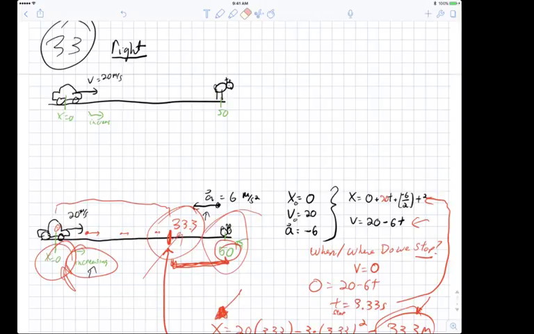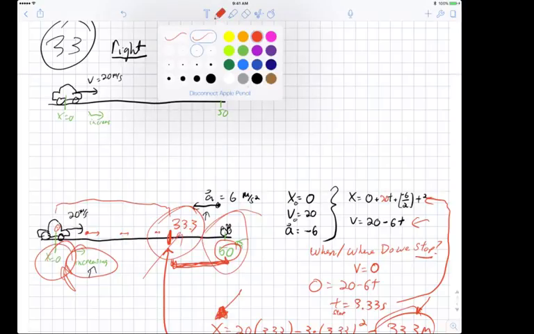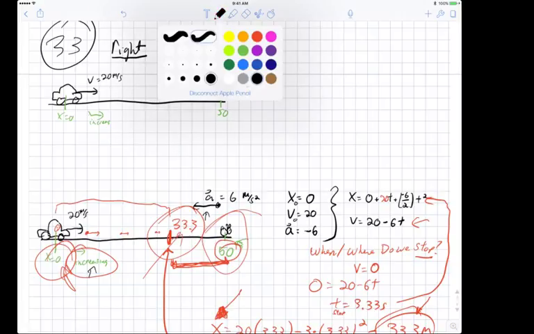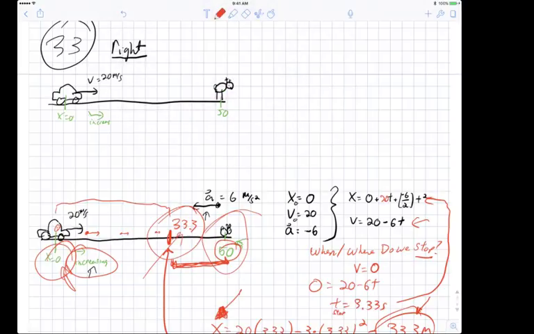Why would they tell us that? They tell us that because you don't brake immediately the moment you see a thing. It's going to take a little bit of time to recognize that there's trouble. So for the first little bit of time, you're going to move with a constant velocity. And only after t is equal to 0.5 seconds, only after that are you going to start slowing down.